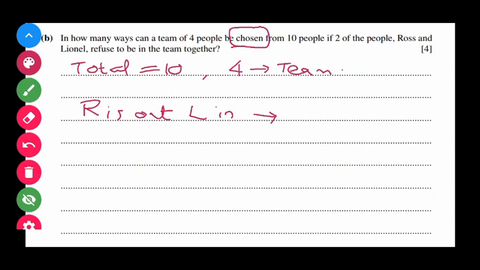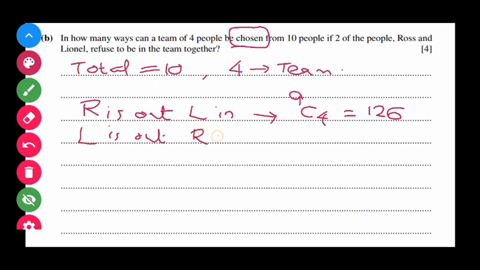So if Rose is out, out of 10, one person goes out. That means there are only 9 people remaining. From that you have to choose a 4 people team. So we get 9C4, which is 126. Okay.